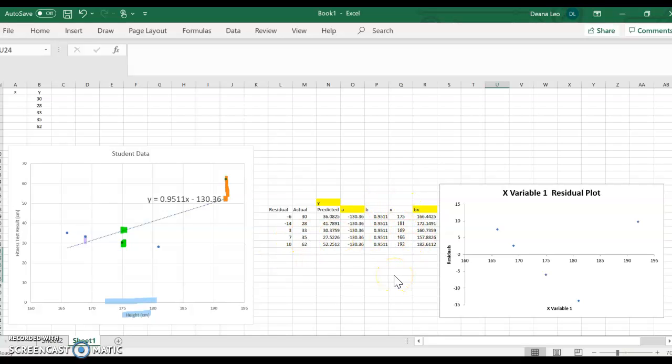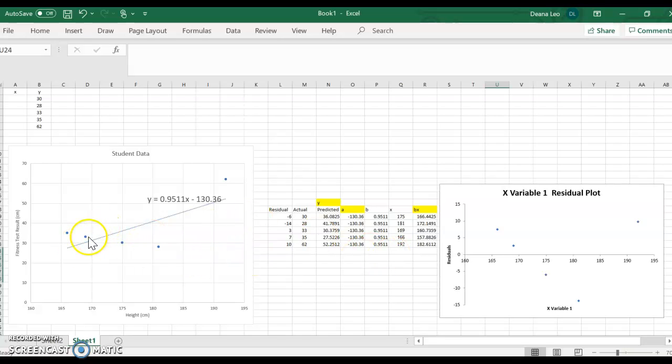In your assignment it will be really good to talk about just one calculation, or one discussion between the two. So you could say something along the lines of: the student who was 169 centimeters tall jumped 3 centimeters higher than what they should have.